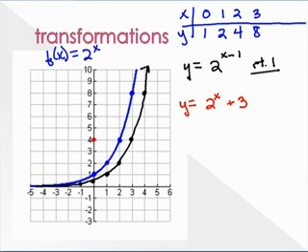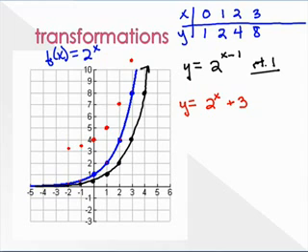Up 3 units. Okay, this point here at 1, 2 is now 1, 5. 3 units higher than the one in the blue. This point here goes up to here. This point here goes up to here. And we could go back over here. This point here, 1, 2, 3, it's going to be here. This point here is going to be here.